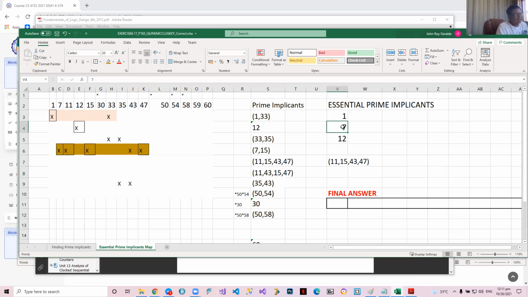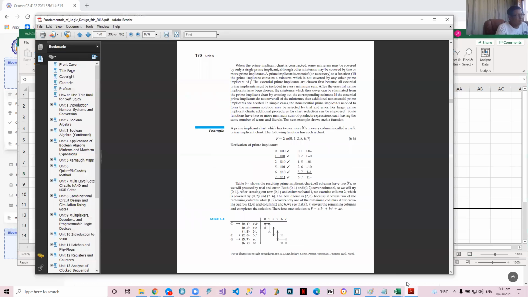Dapat hindi na natin isaling 7, okay? Because 7 is an essential prime implicant because it's there in the same column, no? By the way, no? Okay? Let's look at the example anyway, no? 0, 2. Yan.